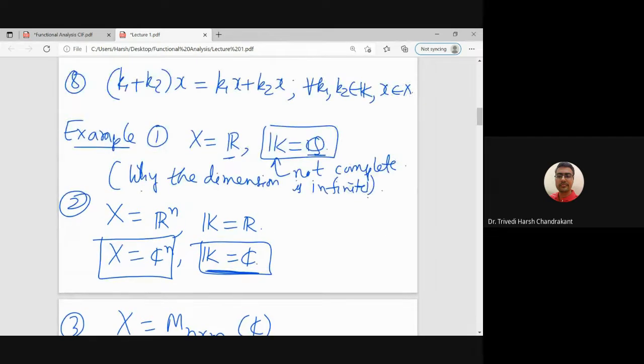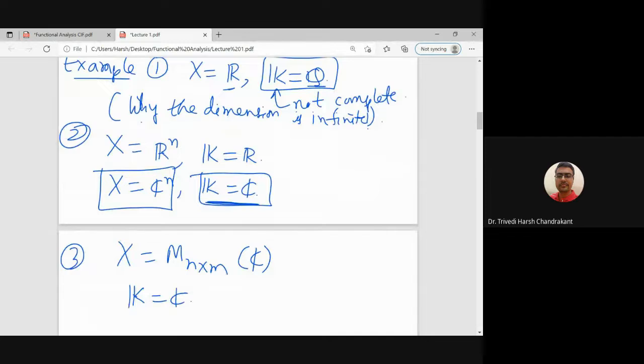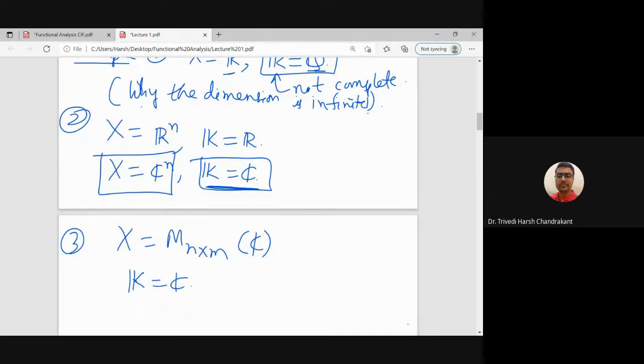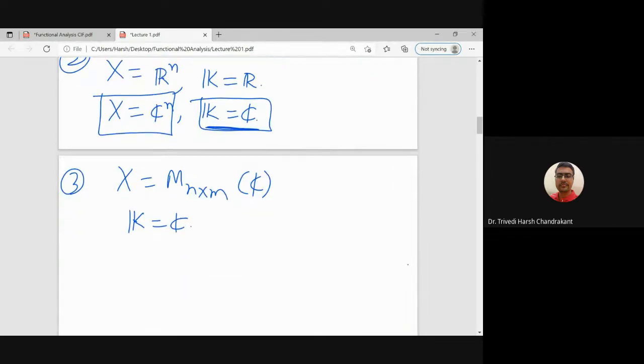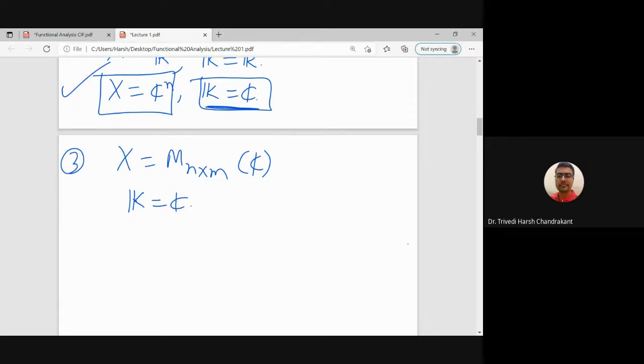When we say it is a vector space, we need to mention the vector space operations also, right? So what will be the operations here for matrices?